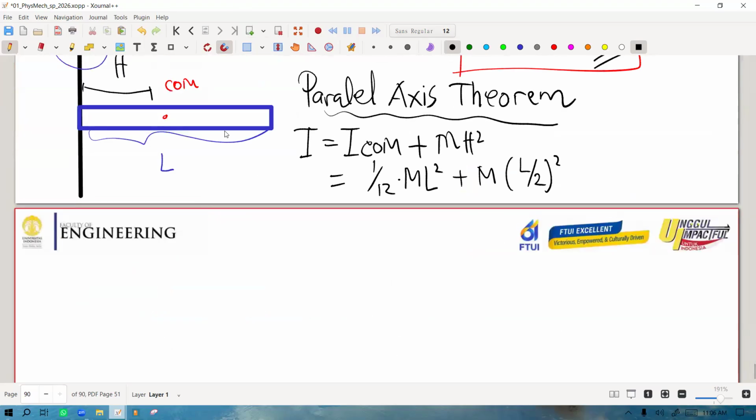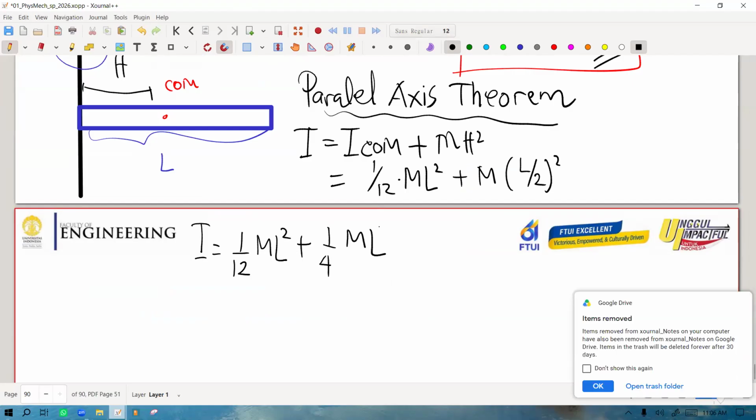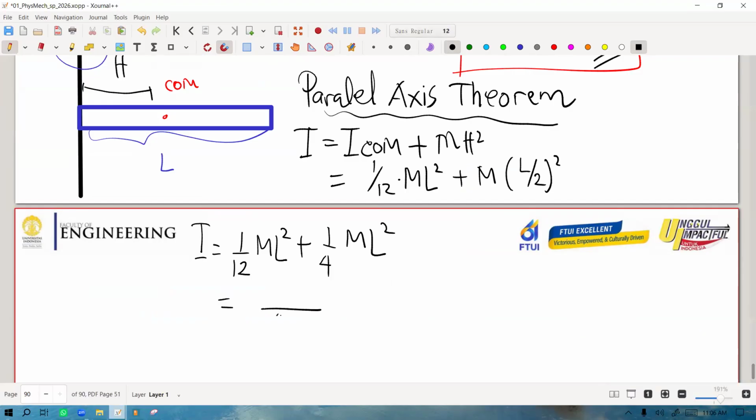So the new inertia is 1 over 12 m L squared plus 1 over 4 m L squared. So this one becomes 3 over 12, right, m L squared.